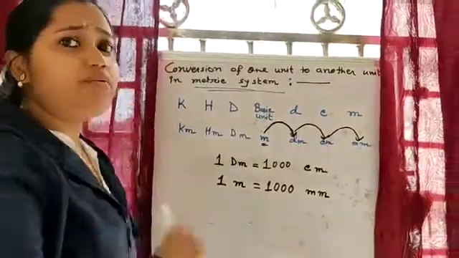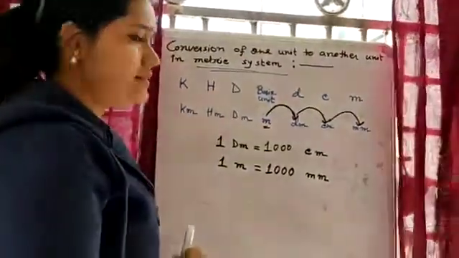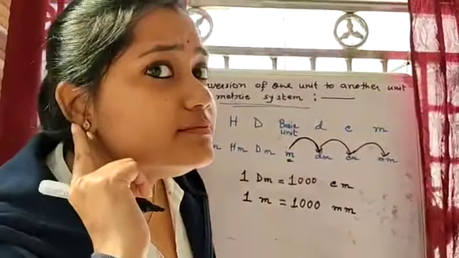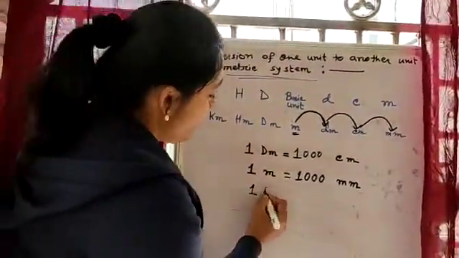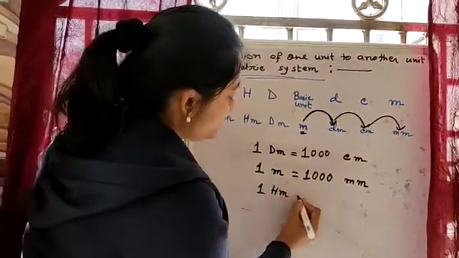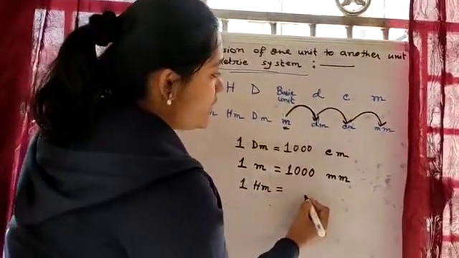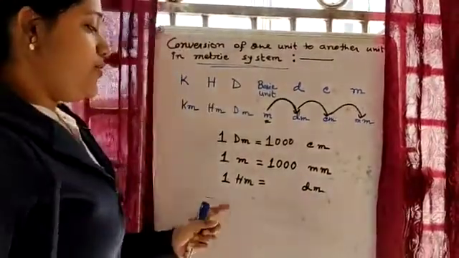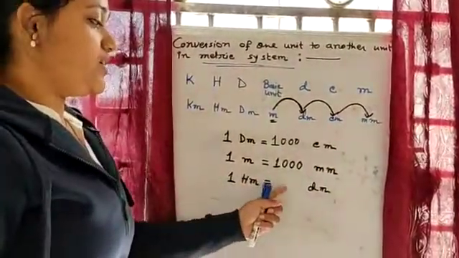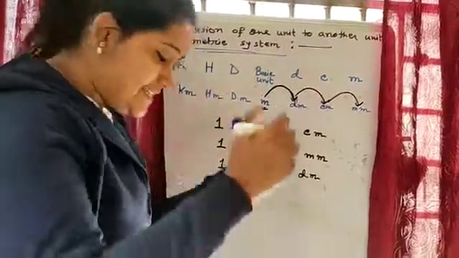Now you give me one question. Okay, I am taking yours: 1 hectometer equals how much decimeter?